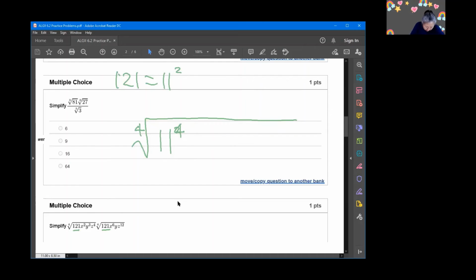And then x squared and x to the power of 6 will be x to the power of 8. And y to the power of 3 and y will be y to the power of 4. And z to the power of 4 and z to the power of 12 will make z to the power of 16.